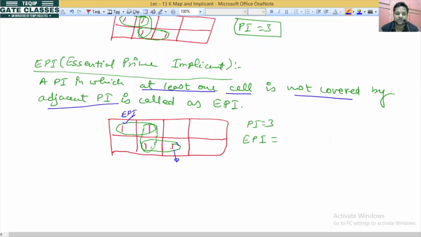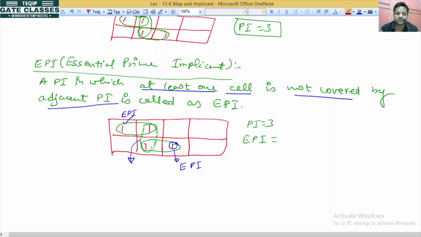So in this grouping, this one is not grouped with another PI, so it is also an EPI. But if you talk about the third PI, this one is grouped with this PI, and this one is grouped with this PI.